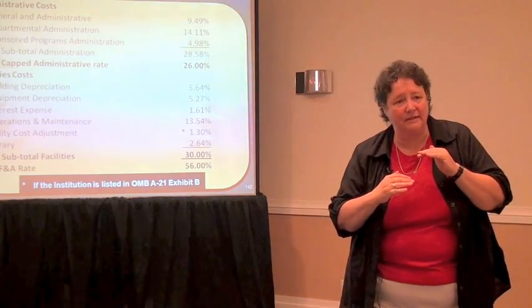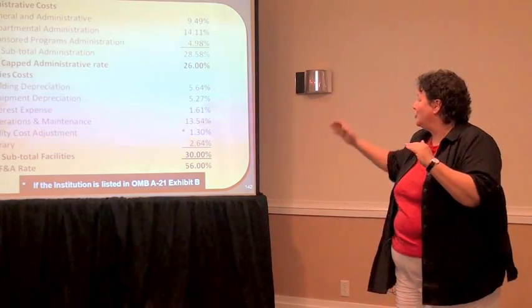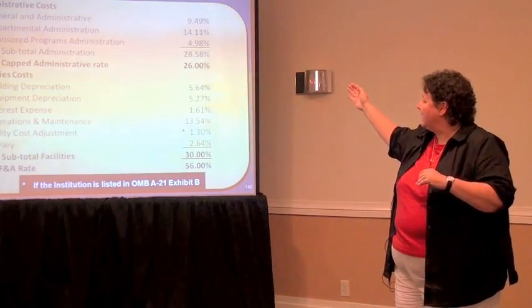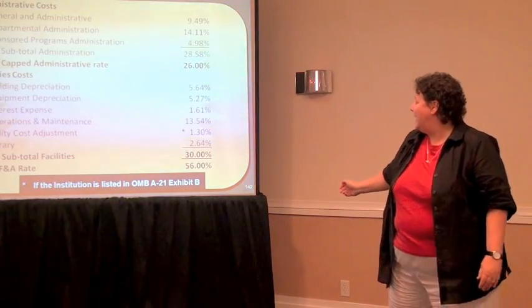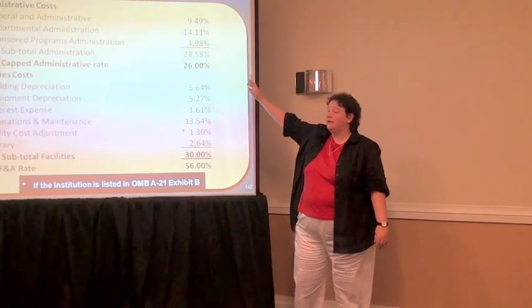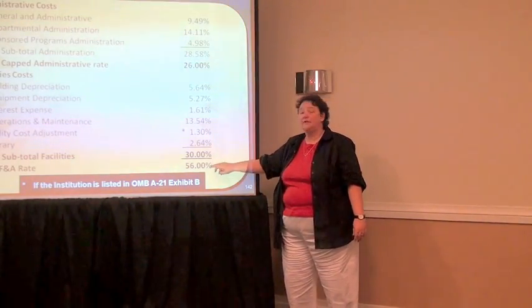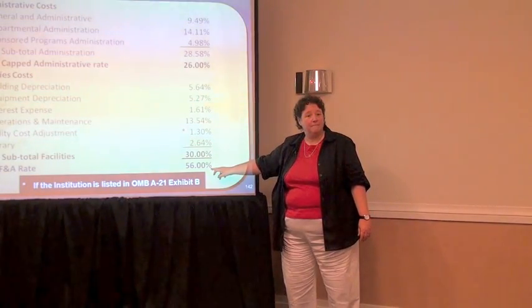Land is expensive. Okay? You'll see those rates higher. So what happens down here is they calculate that, and in this one, it says this is 30%. So you take the 26% administrative, you add it to the facilities, and you get 56.